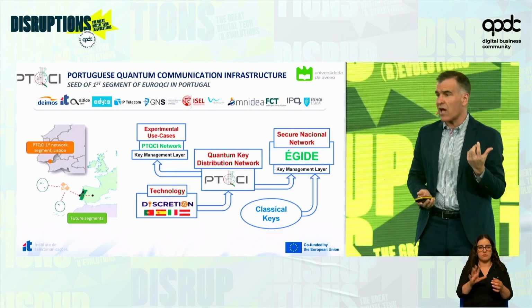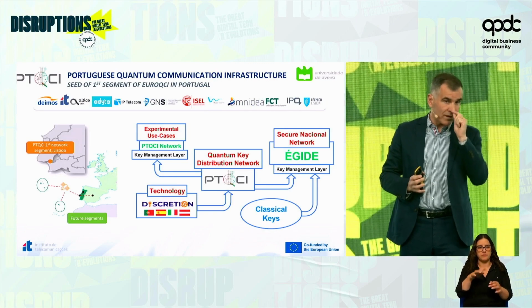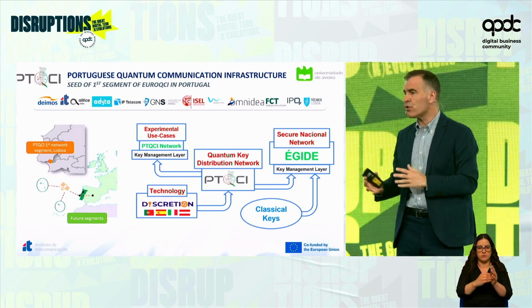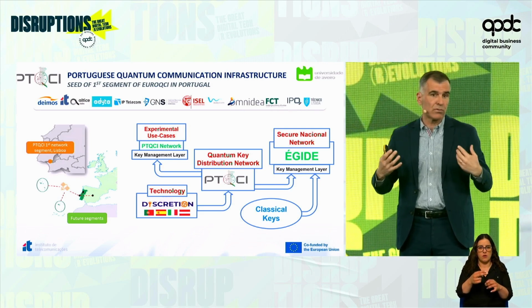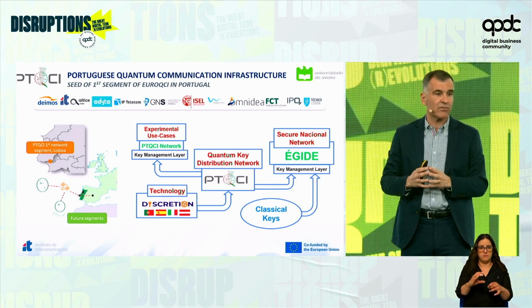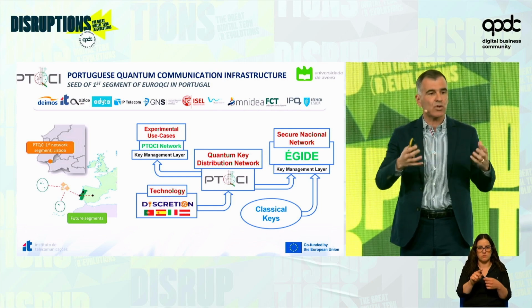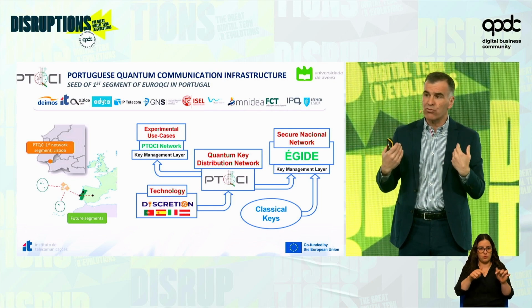Another project is PTQCI. What is PTQCI? It's a quantum network which is being installed in the European space. EuroQCI is an EU financing program, promoting the setting up of quantum networks in EU countries.